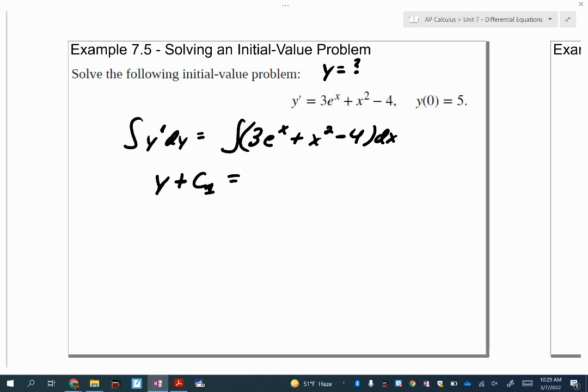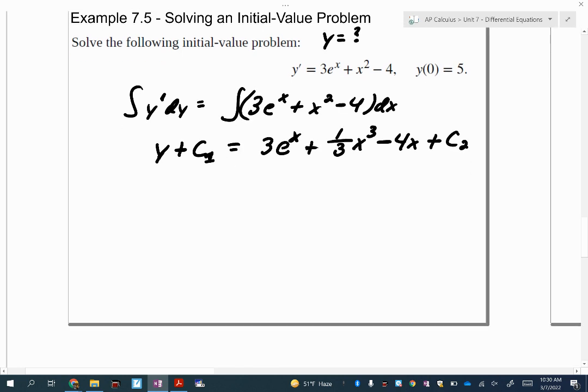So let's do this one here. I'm going to write e to the power of x, and the derivative of x is just 1, so I'm going to bring down that 3 with it. All right, the integral of x squared is 1/3 x cubed, and the integral of the constant is minus 4x. Again, plus c, and I'll label this as my second constant.